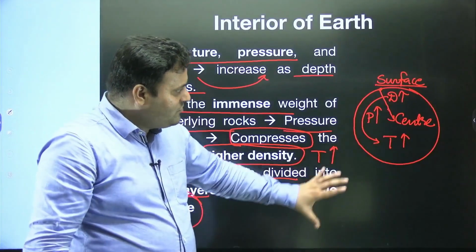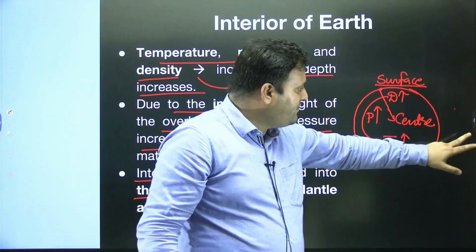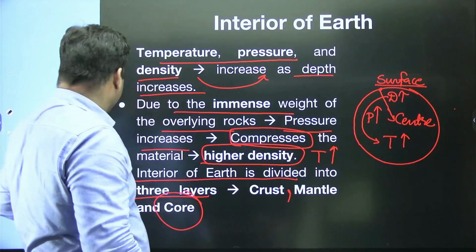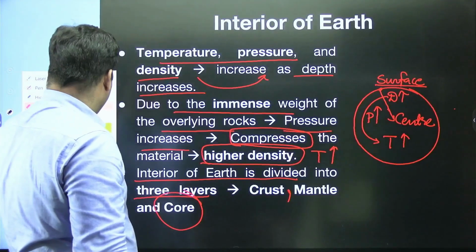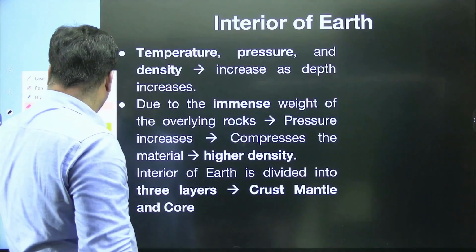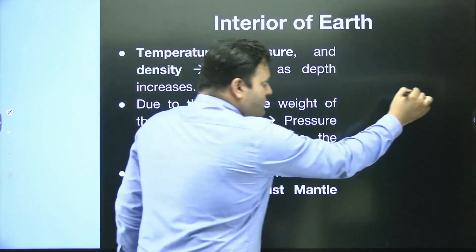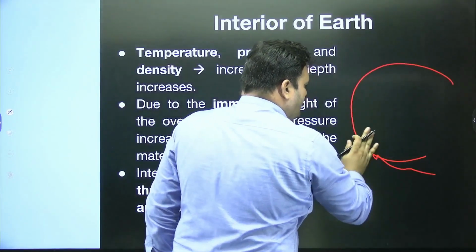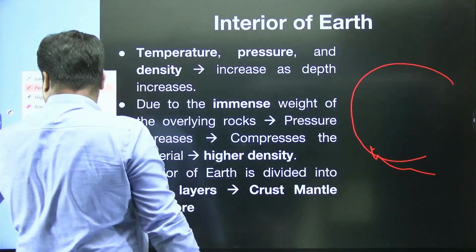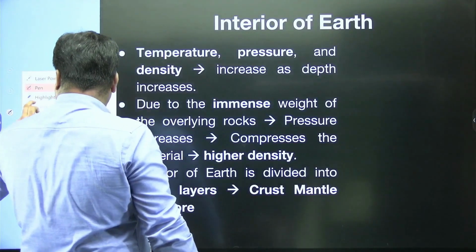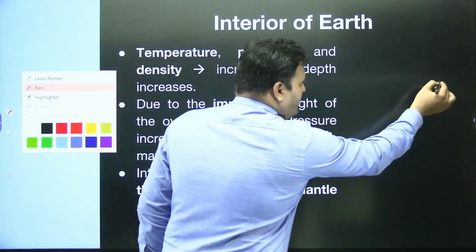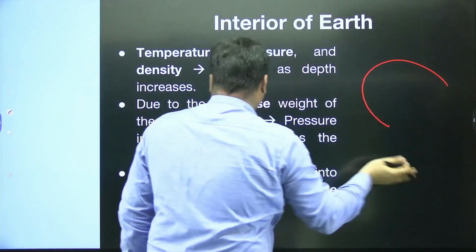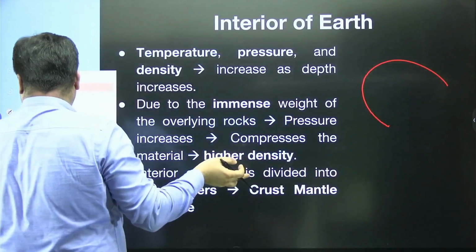So when we are talking about the parts of our Earth, suppose Earth would have been one part of the sun or nebula, let's say, as per the theories.